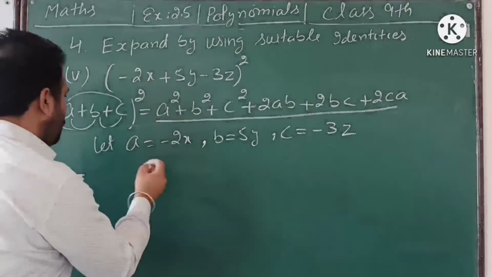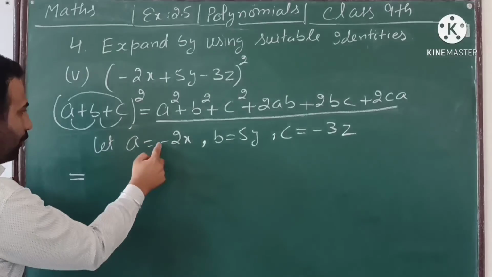Okay. So first is a raised to power 2. The value of a is minus 2x.